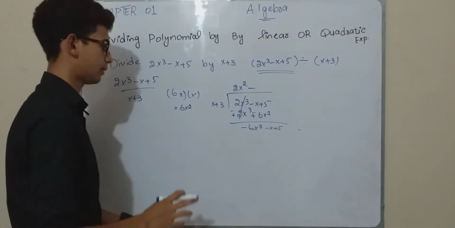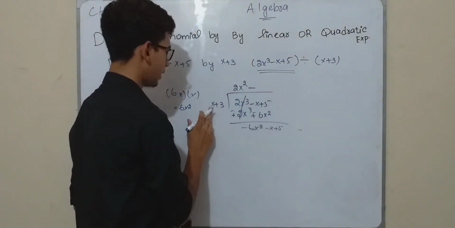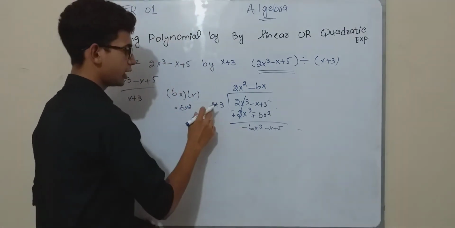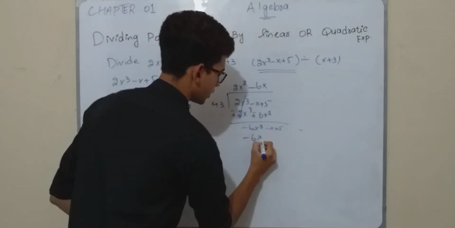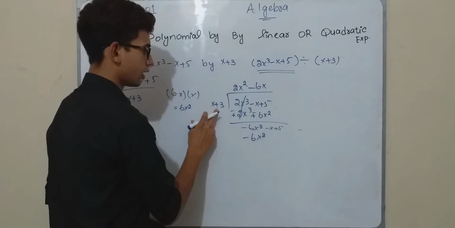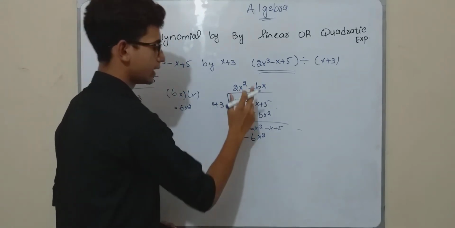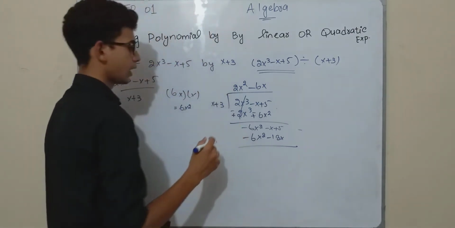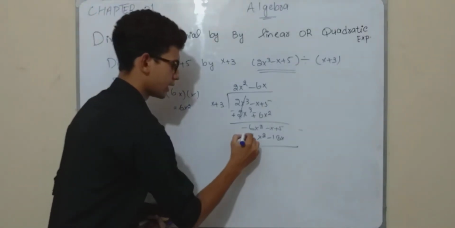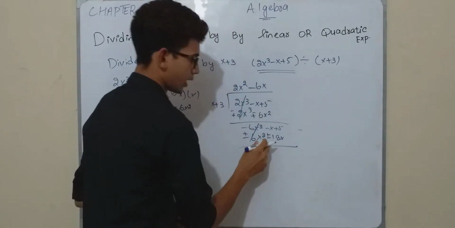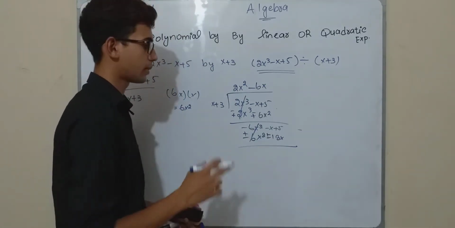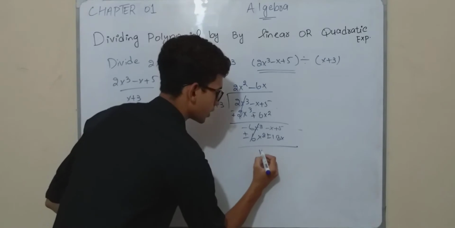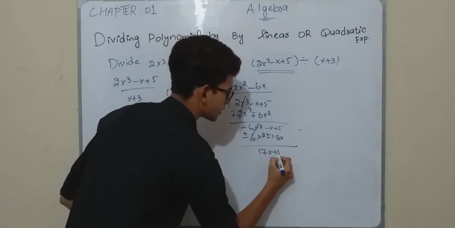Now I'm going to multiply x with 6x. And if I multiply this with this, it comes 6x square. Now I'm going to multiply 3 with minus 3x, it becomes minus 18x. I'm just going to change the signs, and my plus 18x minus x, plus minus is minus, so it becomes 17x plus 5.